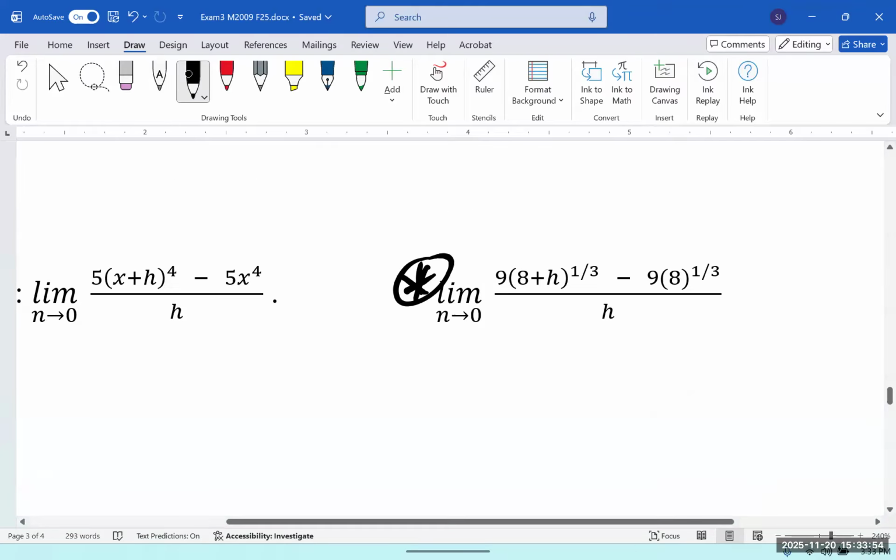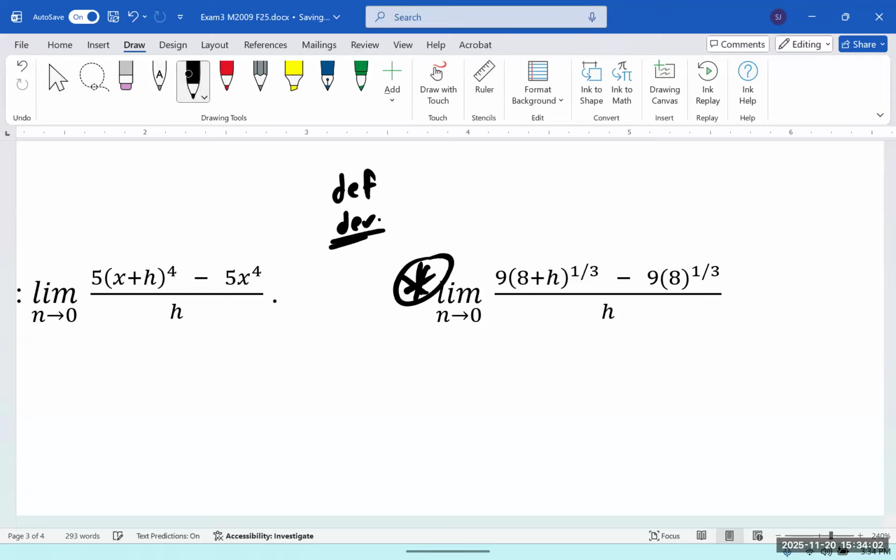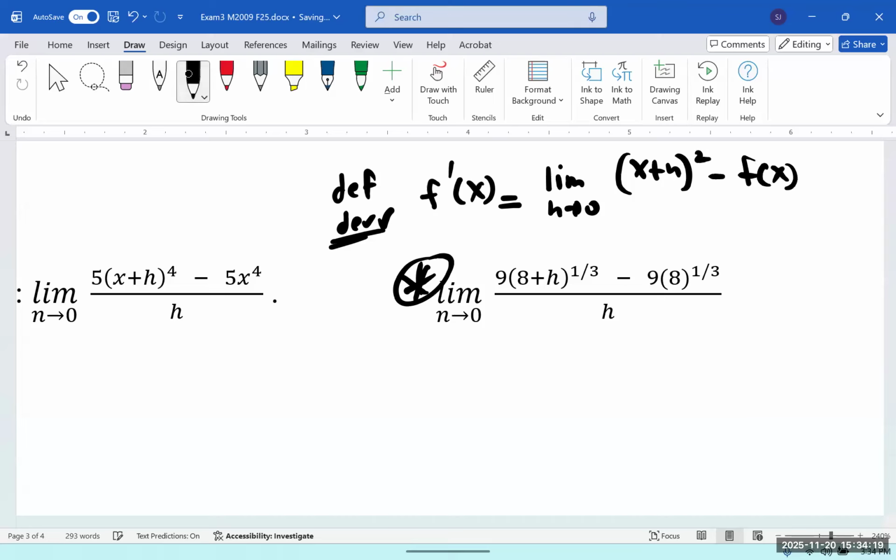So for both of them, the trick was the definition of the derivative. That's f prime of x is the limit as h goes to 0 of f of x plus h minus f of x, divided by h.